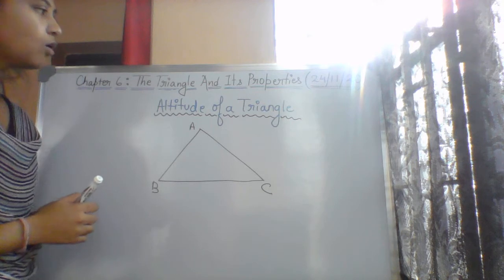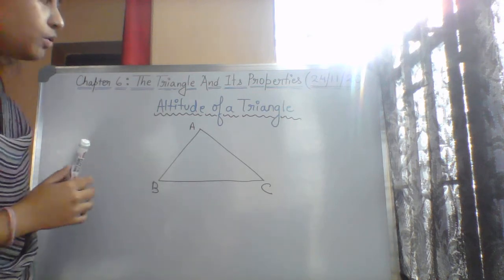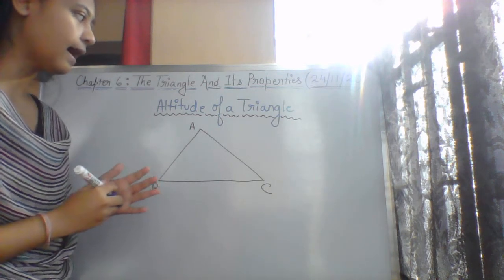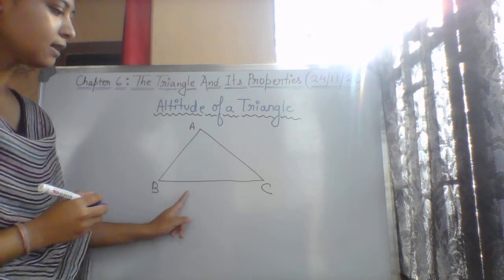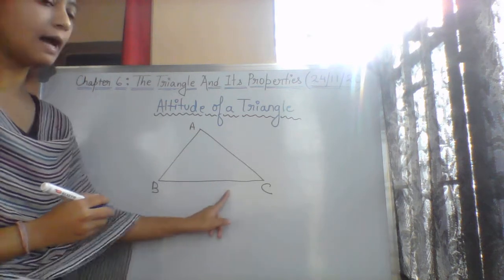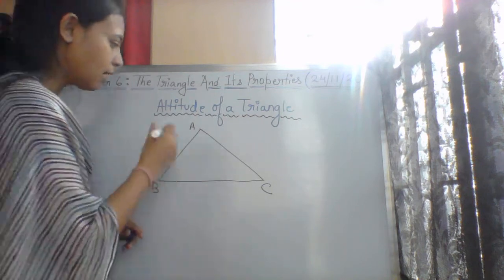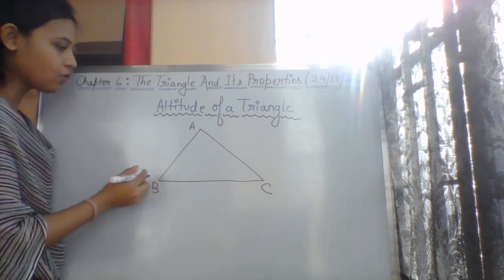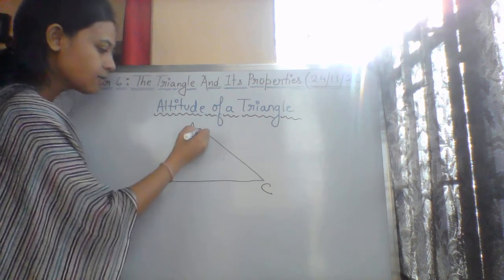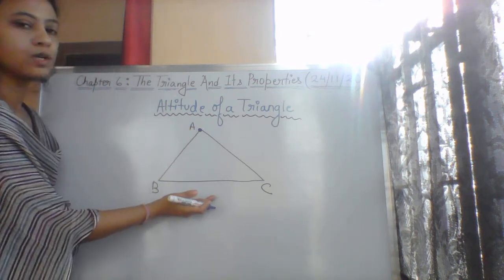Now, what is the altitude of a triangle? Altitude is a line from a vertex to a point in the line BC. So here also, just like the median, we are going to consider a vertex and the side opposite to it.